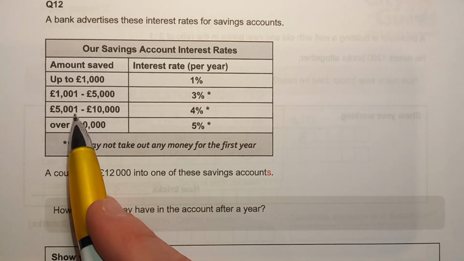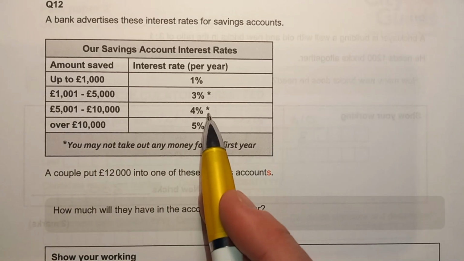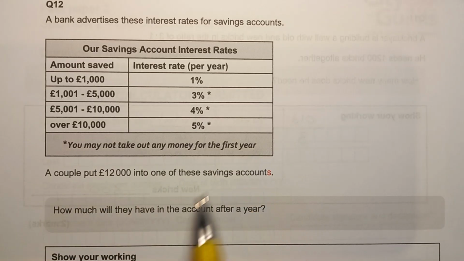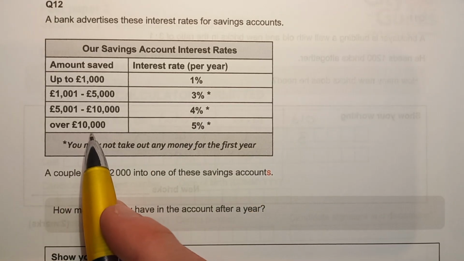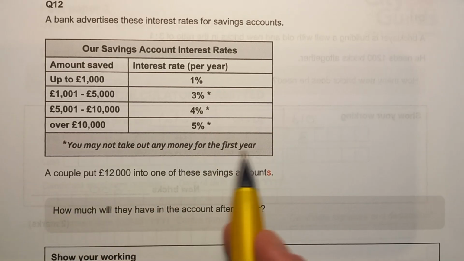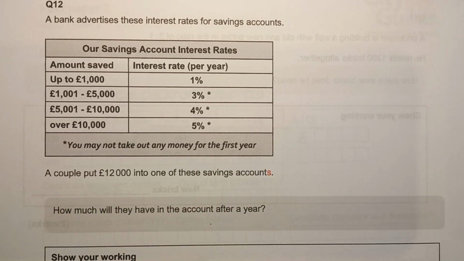If it's between £5,001 and £10,000, the interest rate is 4%. Same thing, you may not take out any money for the first year. And over £10,000, interest rate of 5%, you may not take out any money for the first year. A couple put £12,000 into one of these savings accounts. How much will they have in the account after a year?